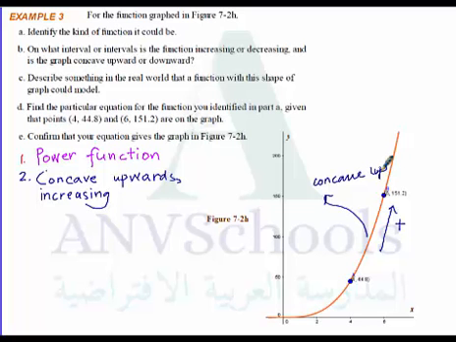Okay, letter C. Describe something in the real world that a function with this shape of graph could model. Well, we could take any growth which rises exponentially as an example, for instance, the population growth in India or in Asia or the world generally.